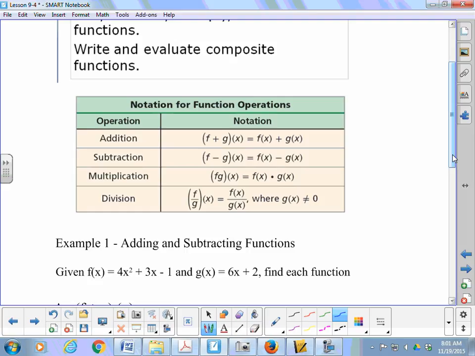Or f minus g of x, subtracting them. If they're written next to each other, that means we're multiplying. And if they're written as a fraction, that means we're going to divide. Now the important thing to remember when dividing is that you have to pay attention to where the denominator equals 0 and where it's undefined.